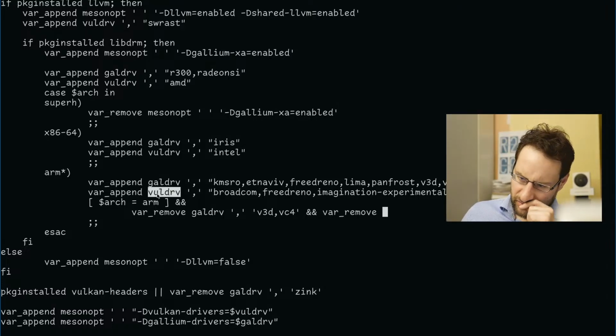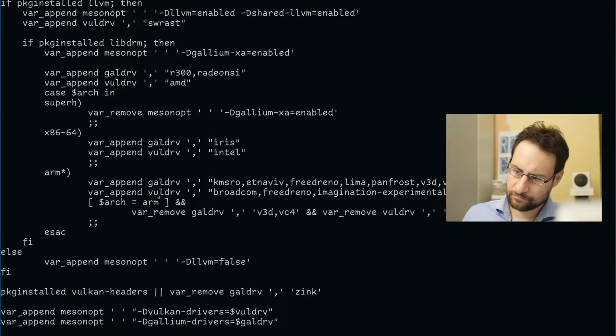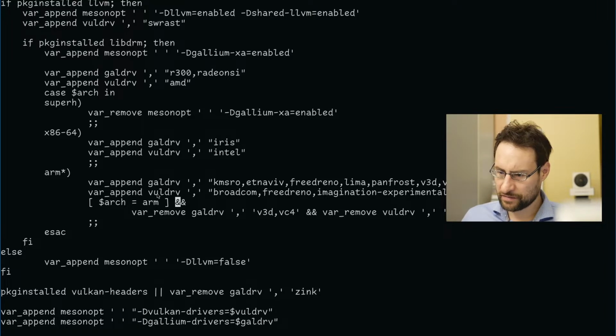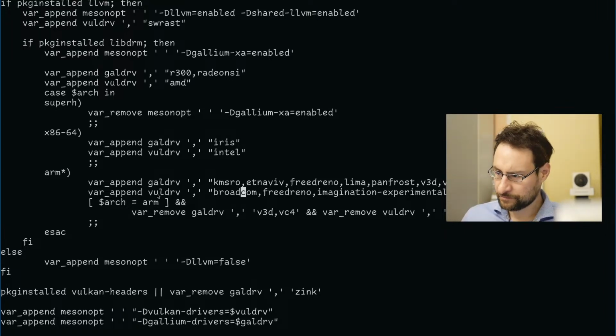I mean, we could conditionally add that. Would that make more sense? Maybe that would be a little bit cleaner.